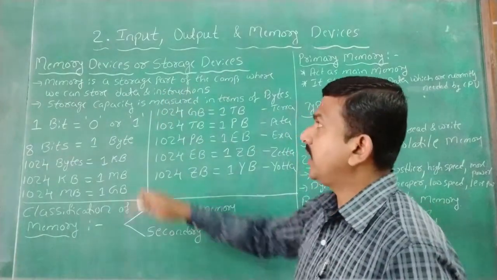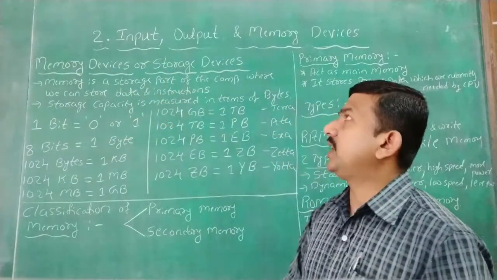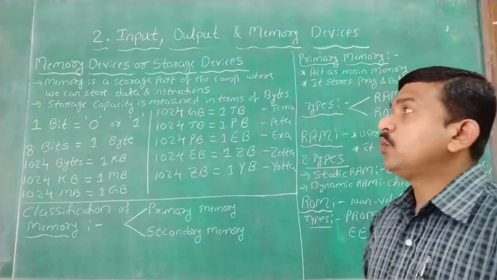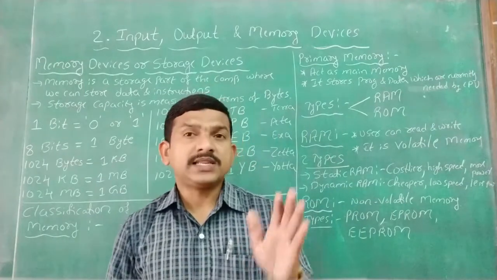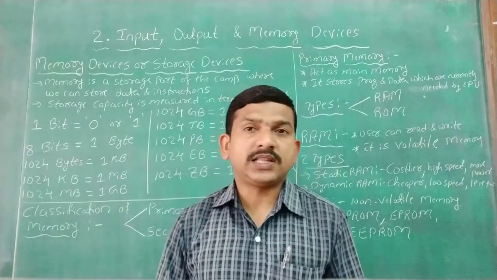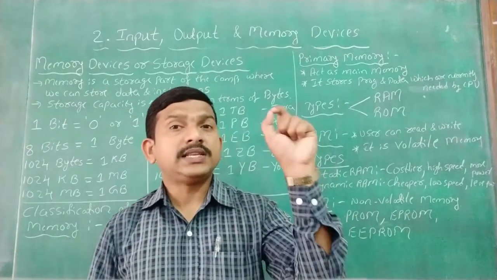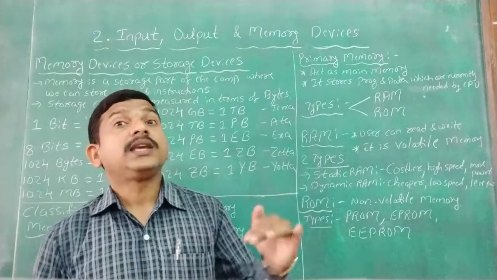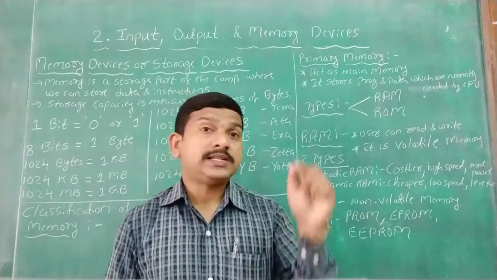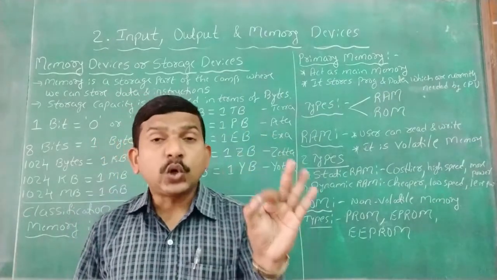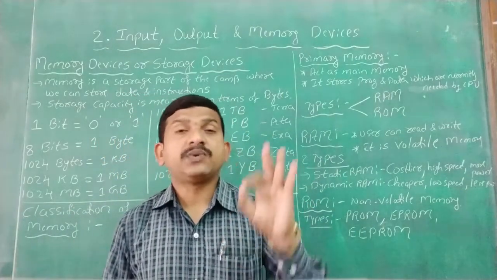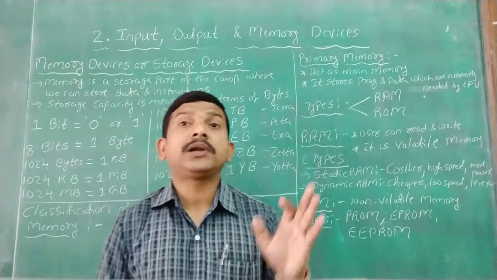So what is memory? It is the storage part of the computer where we can store data and instructions. It is a place in the computer where we can store data as well as instructions.